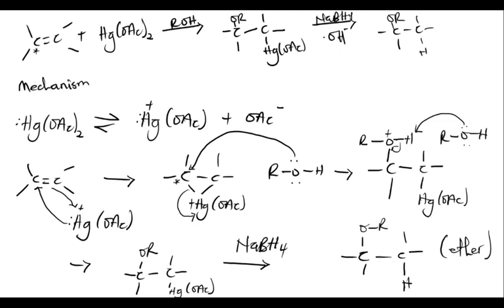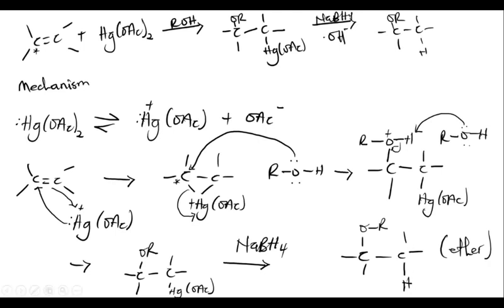So in terms of stereochemistry, we are adding the alkoxy group to the opposite side of the carbon, and the hydrogen goes to another face of the second carbon. And in terms of regiochemistry, we added the alkoxy group to the most substituted carbon, and the hydrogen to the less substituted carbon.